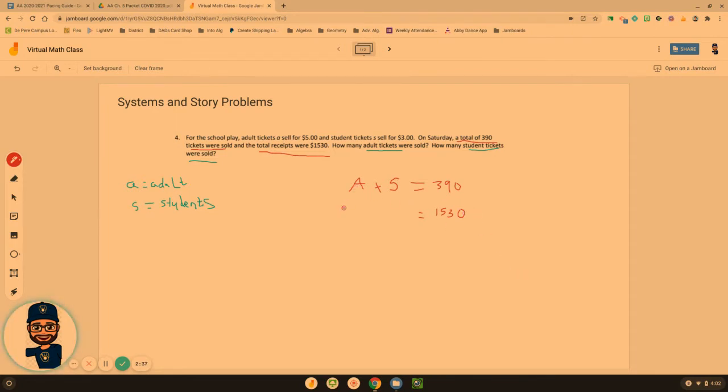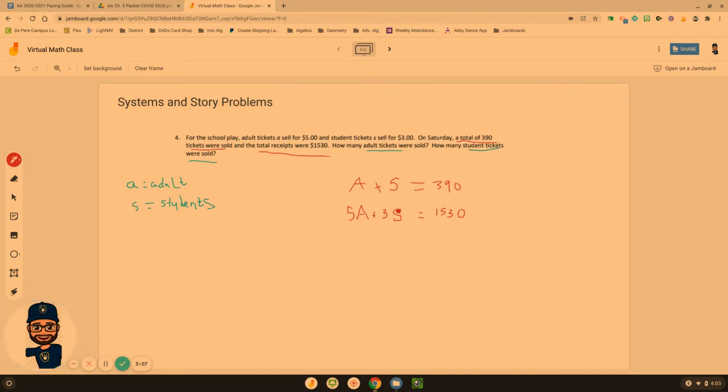We charged $5 times every A ticket, so 5A, plus $3 times every student ticket. 5A plus 3S is going to equal 1,530. So as you can see, we now have those two equations, and once we have two equations, we can choose a method to use to solve.